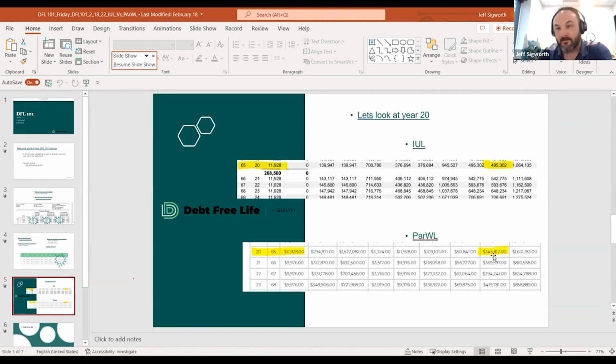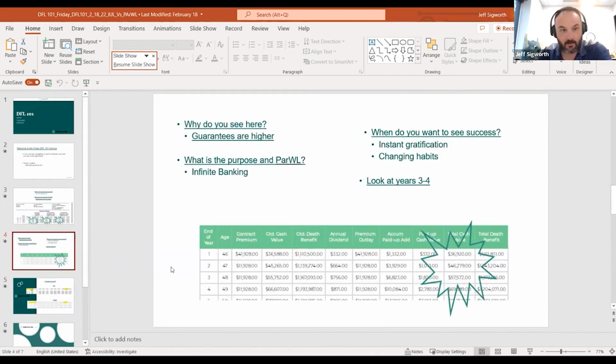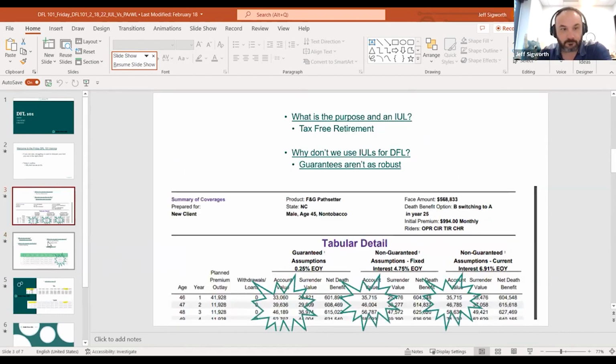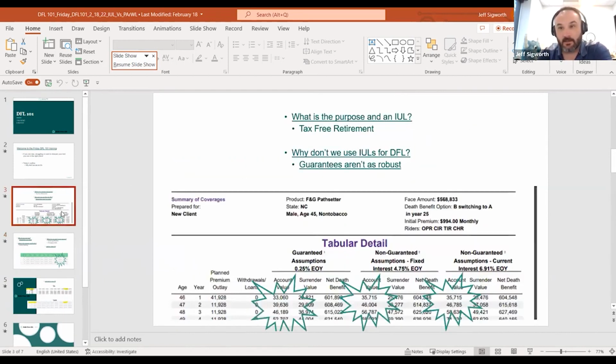The par whole life's only $345,000, a $150,000 difference. But in the beginning here, I really should put these on the same screen, it's the same, or the par whole life outpaces it, because of those robust guarantees.